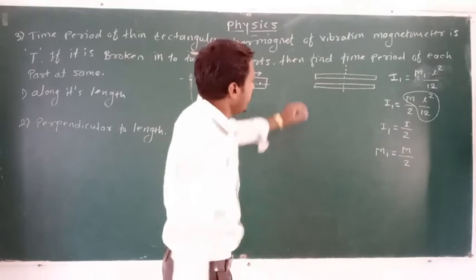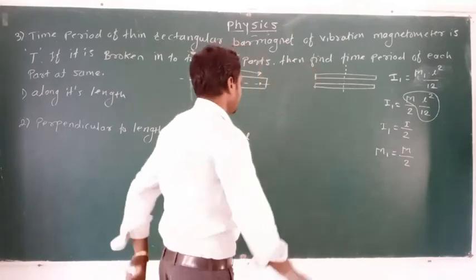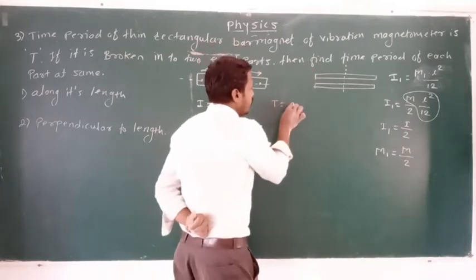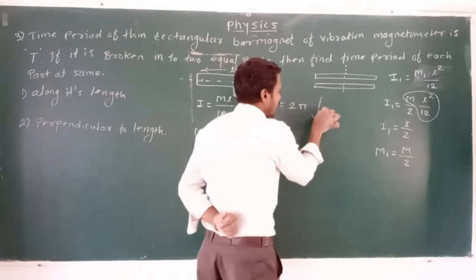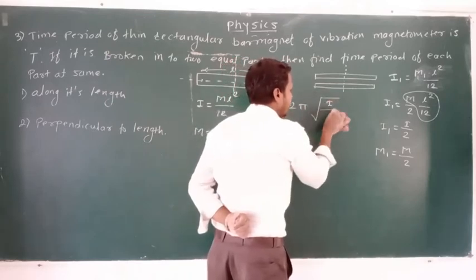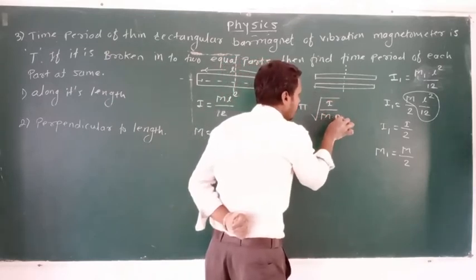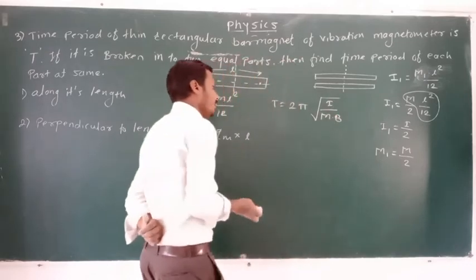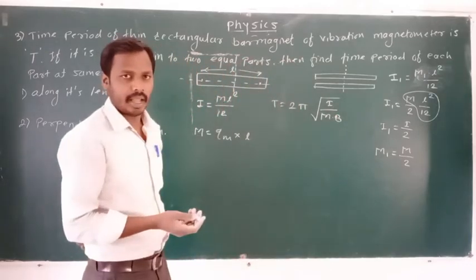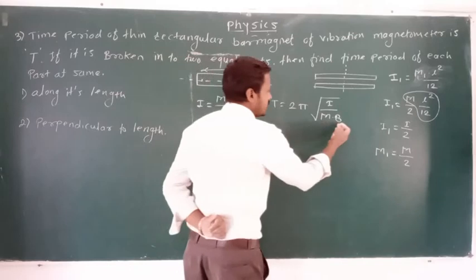The time period of that part: we know that T is equal to 2 pi under root I divided by M into B. B remains the same, I repeat, B remains the same.